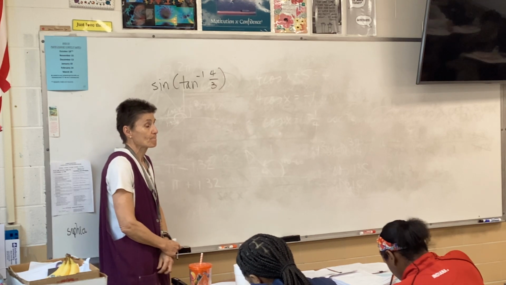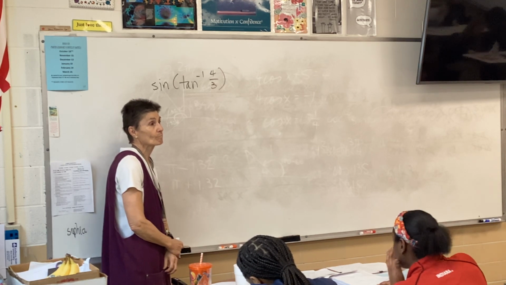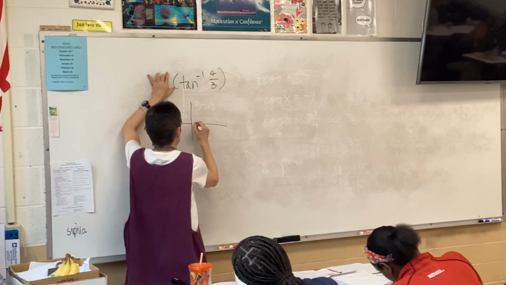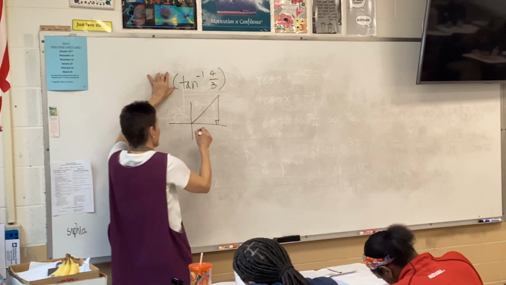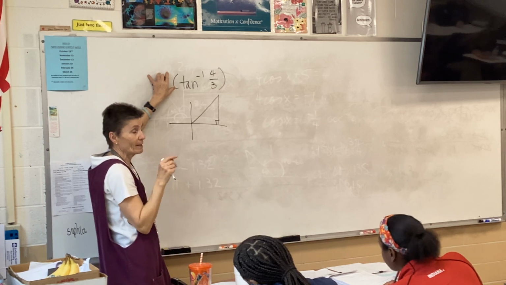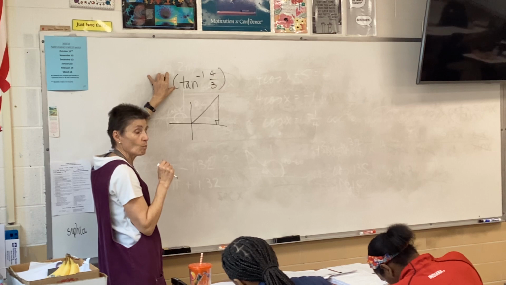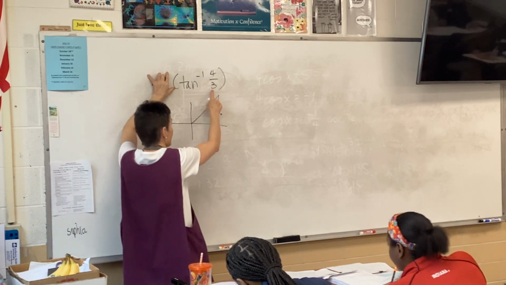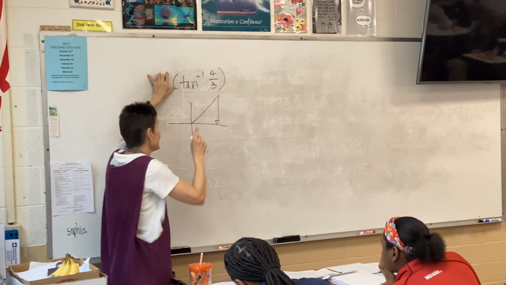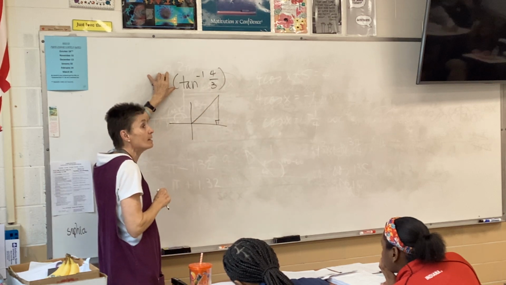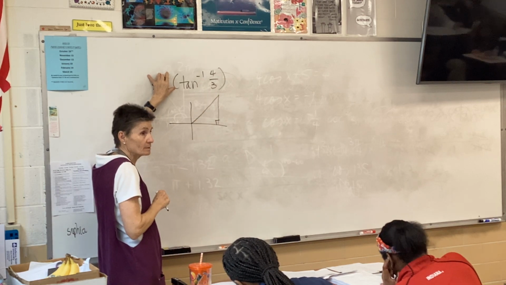Jake? Have to set it up right at the tan, which is in quadrant 1, so it's positive. Perfect. Stop right there. Jake says, I'm going to set this up with my little triangle. I know that it's in quadrant 1 because that number's positive, and anytime that number's positive and I'm using my inverse notation, I know I'm in quadrant 1.